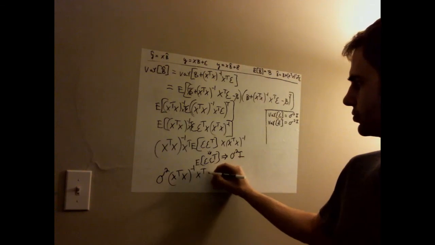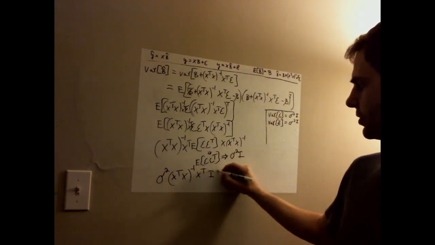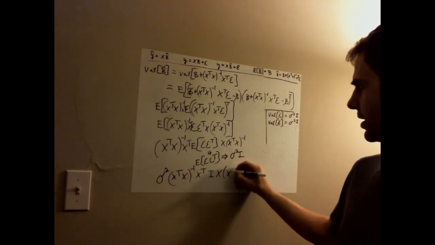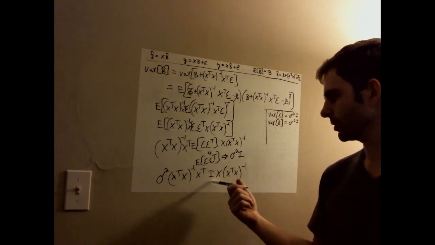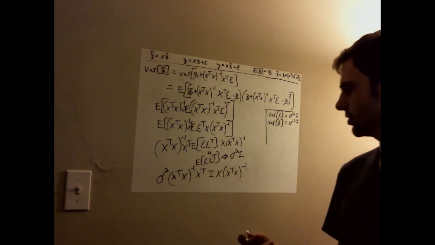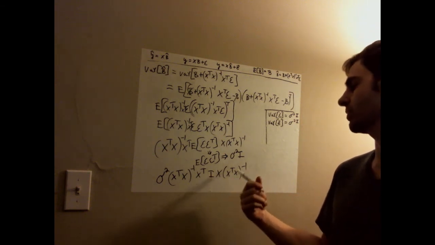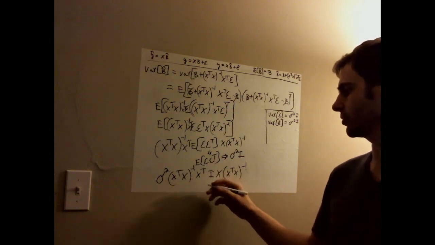X transpose, and now we have this identity here, right? And then we have (X transpose X) inverse. Now anything multiplied by the identity matrix is just itself back, as long as things are conformable, and things must be conformable because we couldn't have gotten here if they weren't.